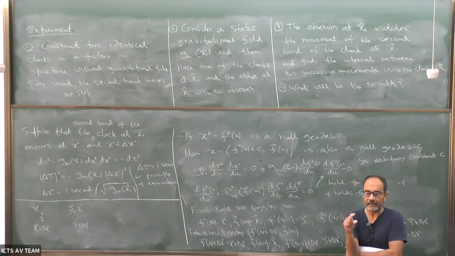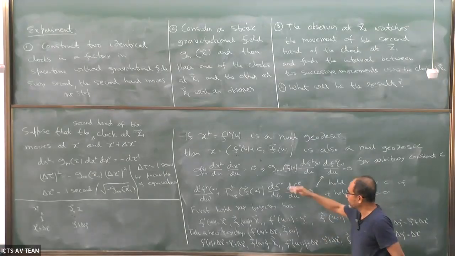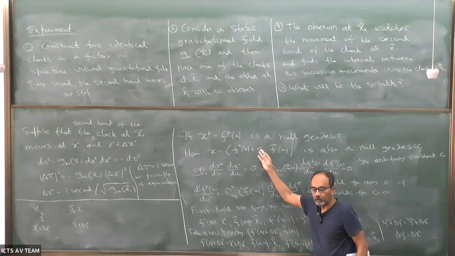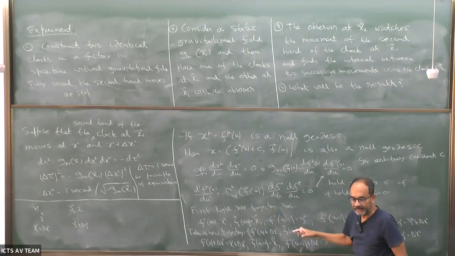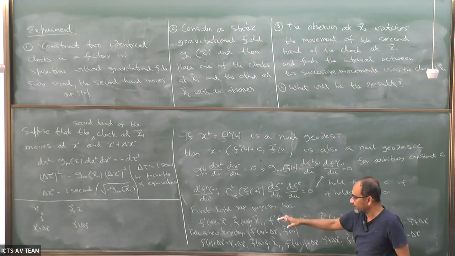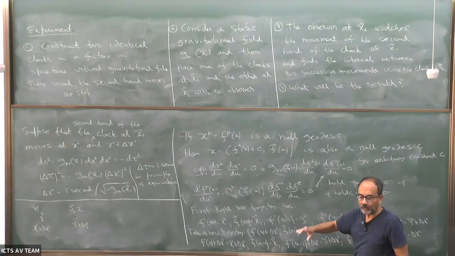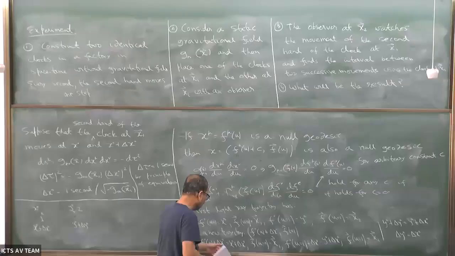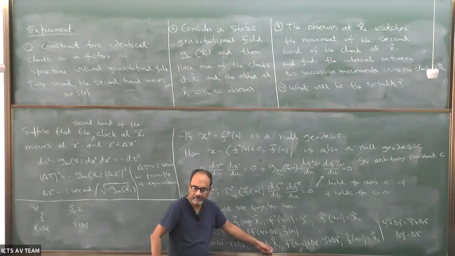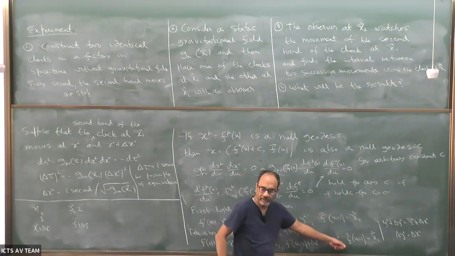Just construct a new null geodesic by this procedure, shifting by c, and I have chosen c to be delta x0. Then the new null geodesic will have the property that everywhere there is vector f, it will remain vector f, and wherever there is f0, I'll replace f0 by f0 plus delta x0. So I'm now calculating the initial point and the final point of the new null geodesic.